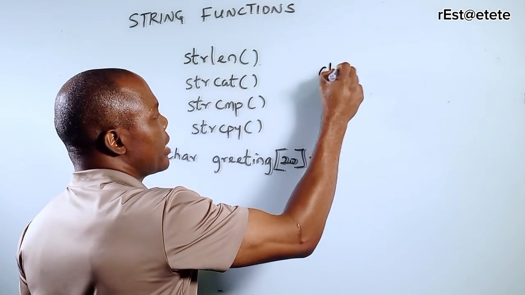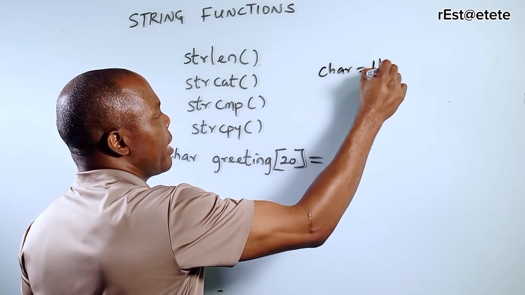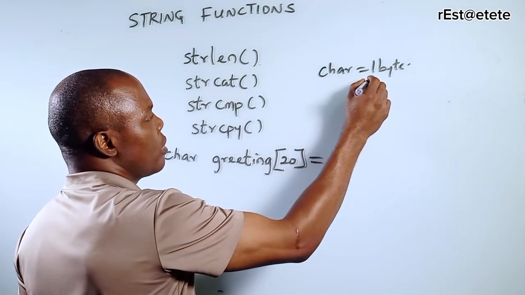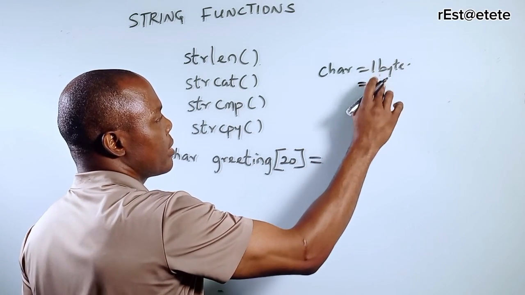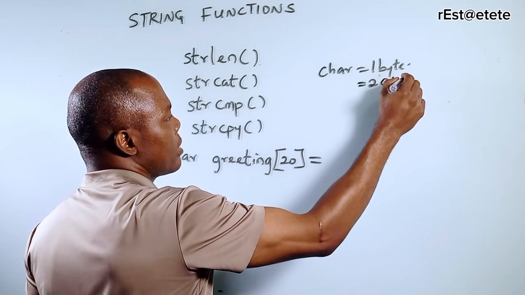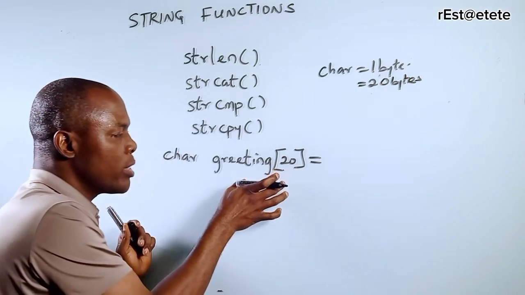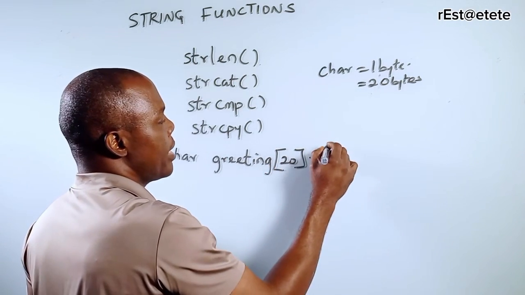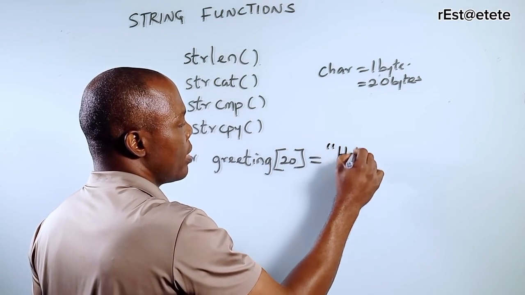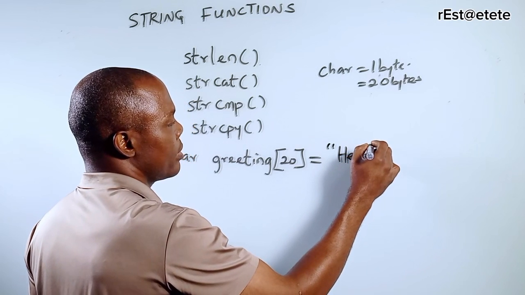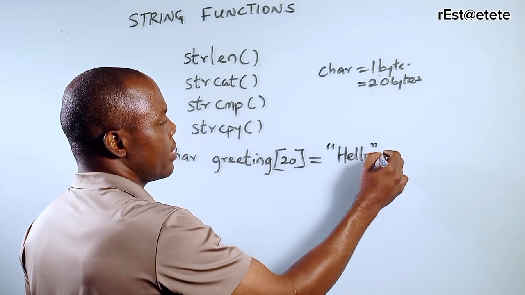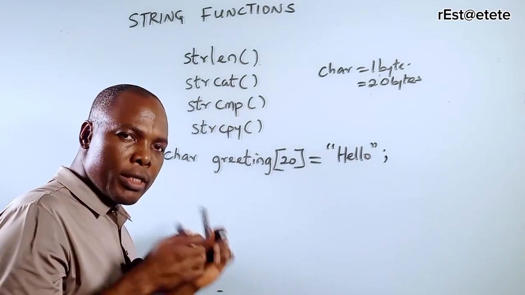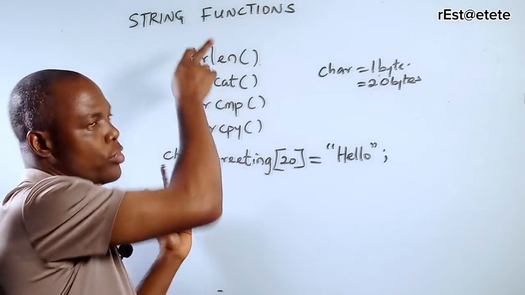Character is 1 byte, right? So if I'm saying 20, that would be 20 bytes. So allocate 20 bytes for these greetings. And then in it, I can store hello.